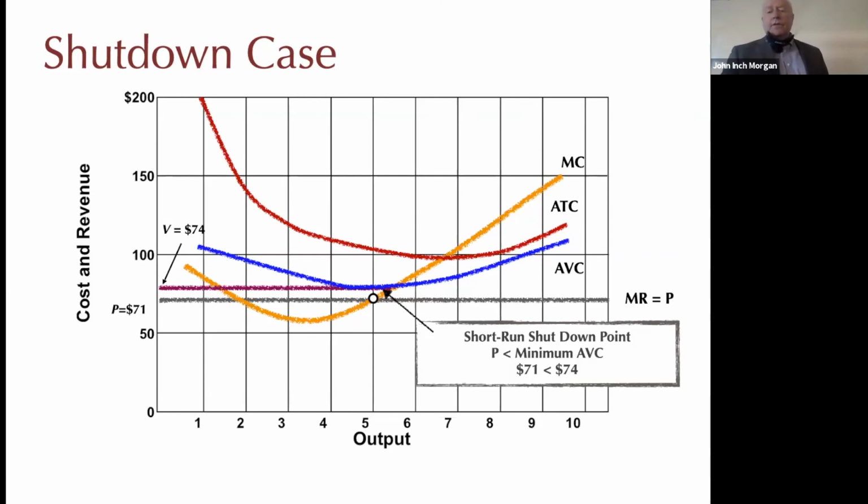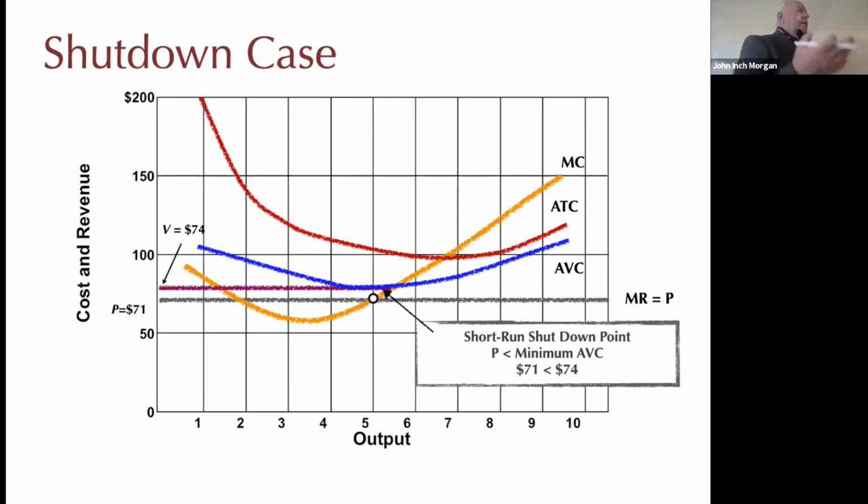If we look at this, we're looking at the point where my marginal revenue is equal to price, obviously, and the price itself is equal to my average variable costs. When it's equal to the average variable cost, then I make that decision to either continue to operate because I'm covering my fixed costs, I'm covering my variable costs, and I'm still losing money because my average total cost is there, and I'm indifferent.